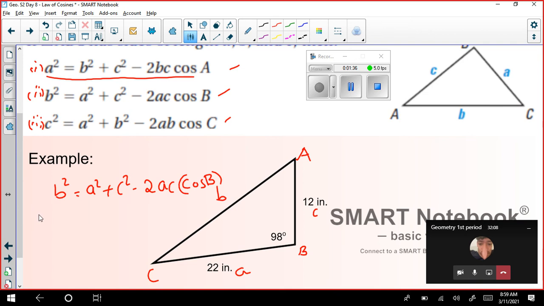So b square is going to be equal to small a, 22 square, plus small c, 12 square, minus 2 times a, which is 22, and c, which is 12, times cos of 98.